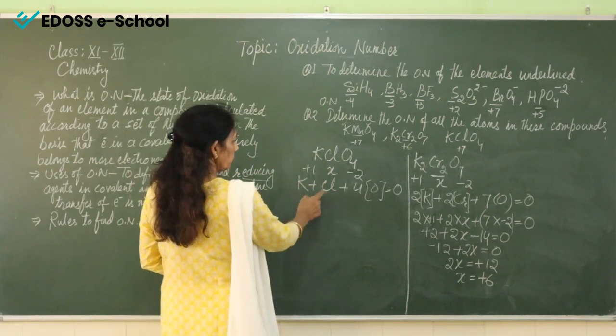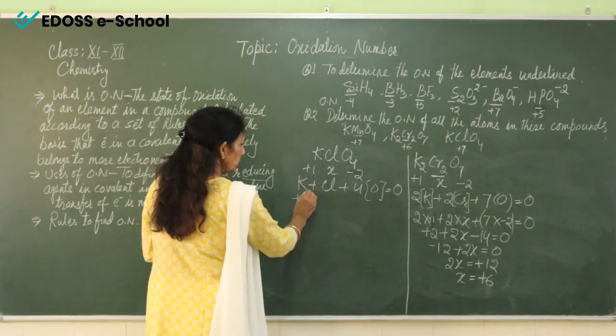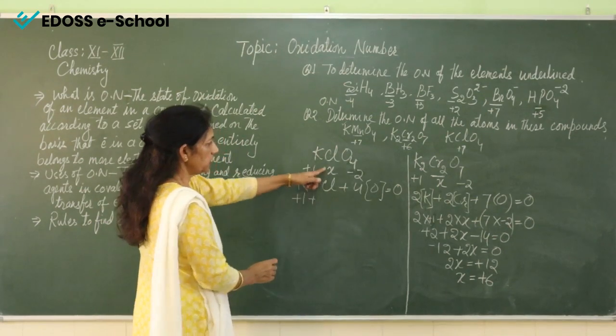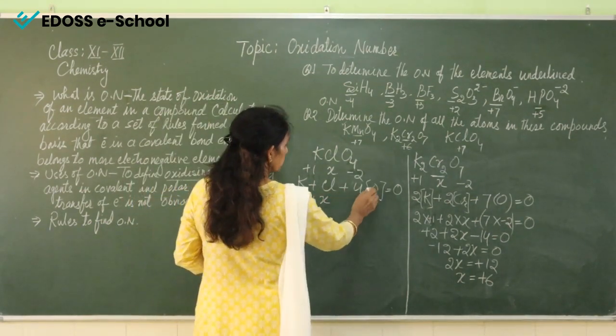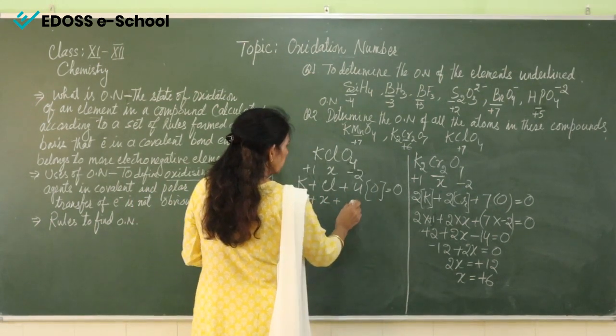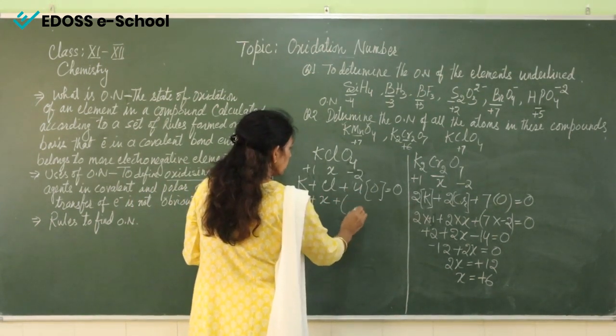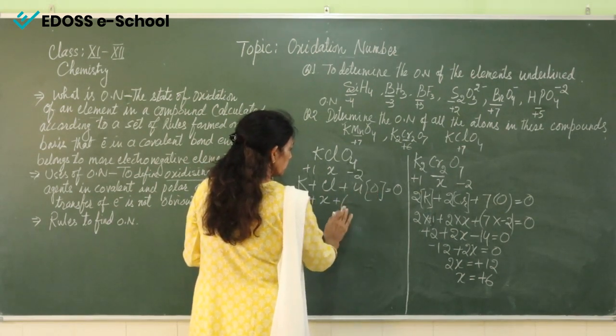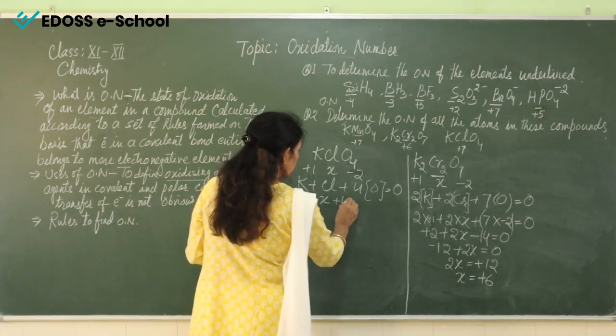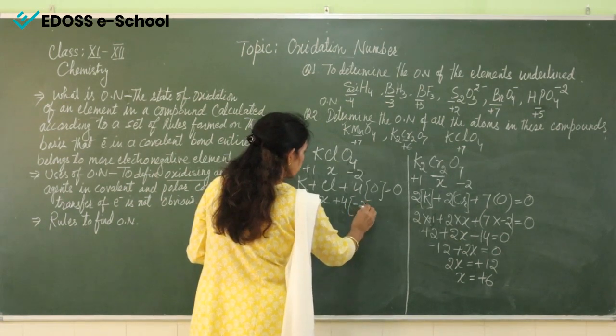So for potassium, we will put plus 1, Cl we have to find, so plus x, and oxygen, if we multiply, we can write plus 4 into minus 2.